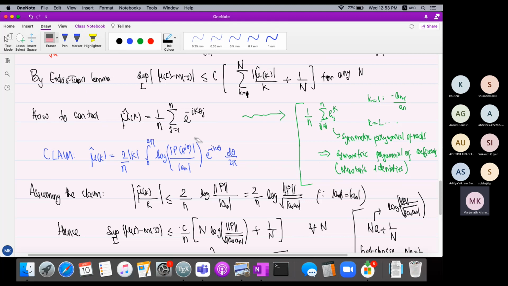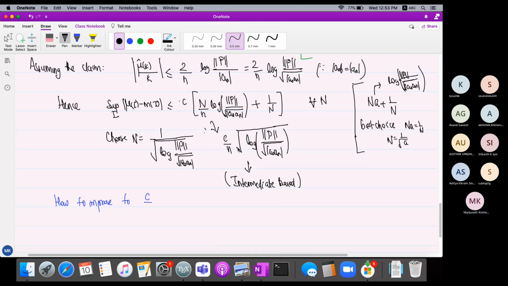See, the bound for mu hat k by k, this is going into the, this is not outside, it is inside. So there is no c over n. C times mu hat k by k is bounded by this. So I absorb the 2 outside, that I don't care, but what I have here is capital N over small n. Small n is the degree.